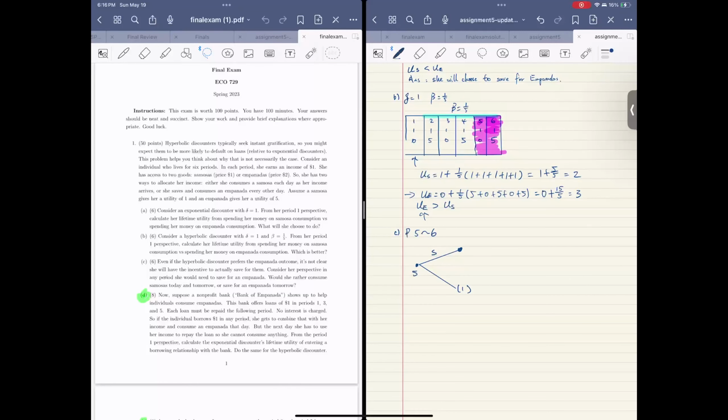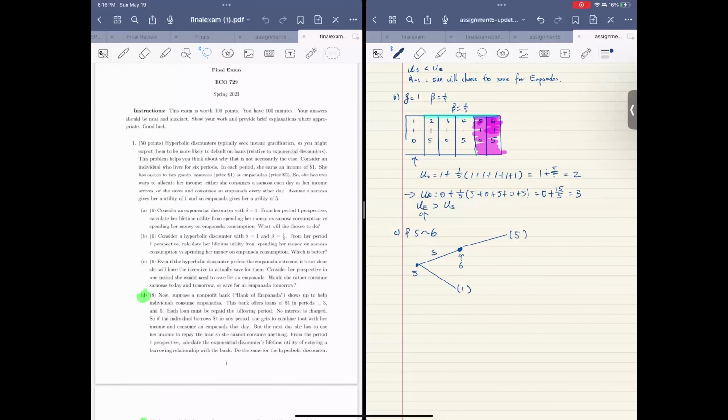At period 6, you save up the money and then you can consume a total of 5 units of utility.